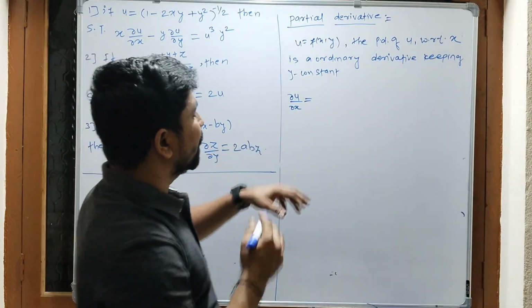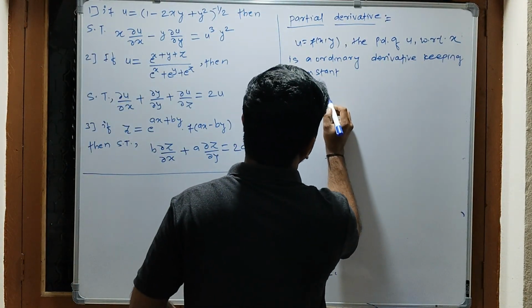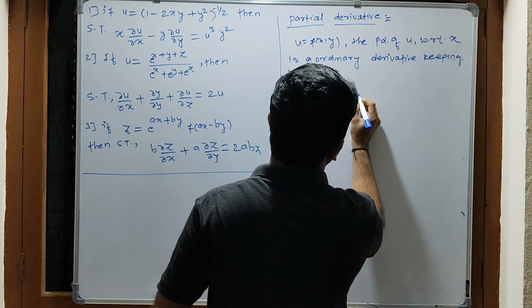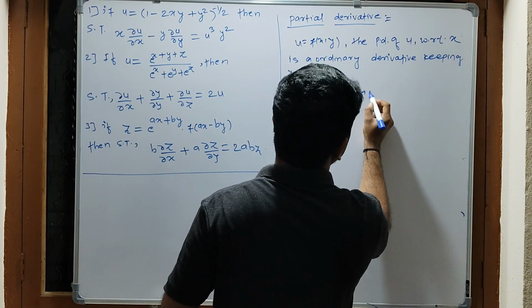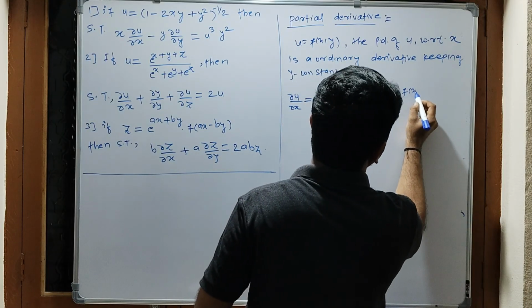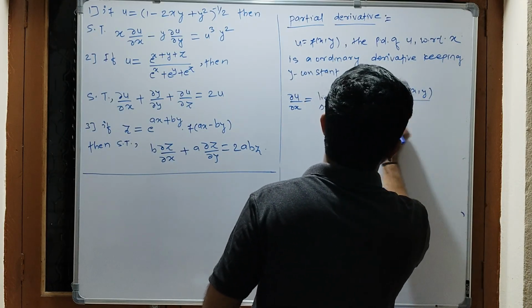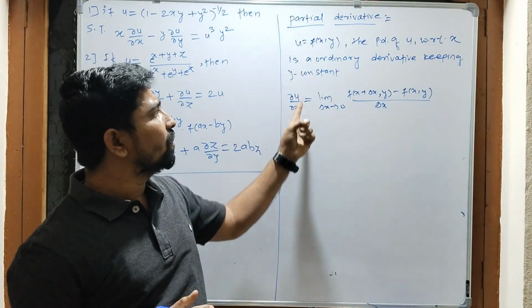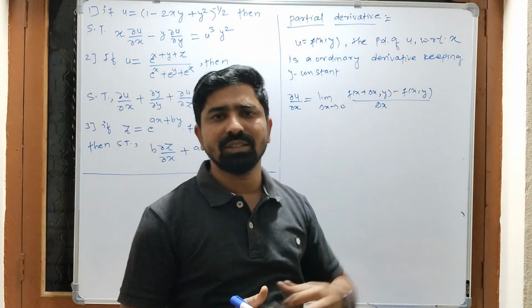So the partial derivative of function u with respect to x equals the ordinary derivative: the limit as delta x tends to 0 of f of x plus delta x comma y minus f of x comma y, divided by delta x. This is the partial derivative of u with respect to x, keeping y as a constant.